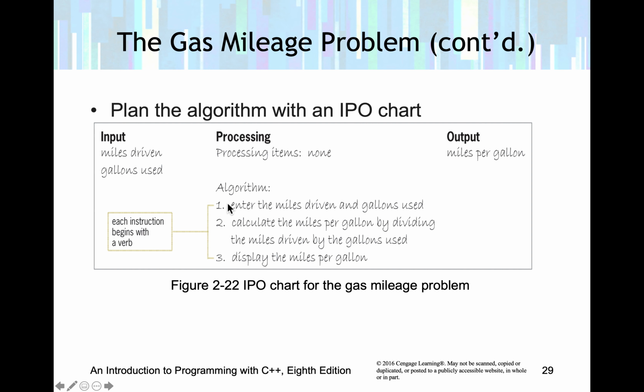The first step is to enter the miles driven and the gallons used. The second step is calculating the miles per gallon by dividing the miles driven by the gallons used. And the third step is displaying the miles per gallon. So the calculation was miles per gallon. So there's no processing item. It's just empty. There's nothing that needs to be added in there.